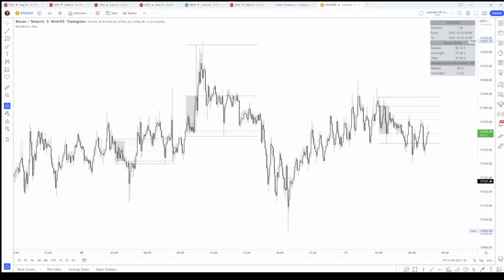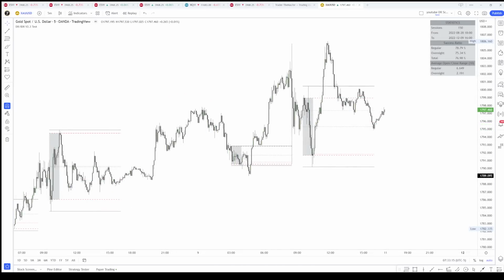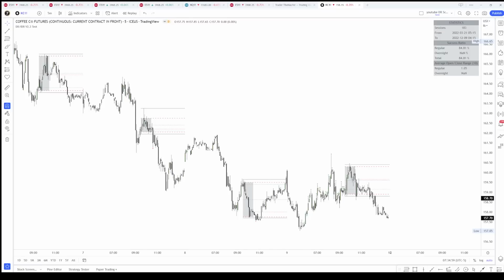It works for cryptos like Bitcoin and Ethereum, with a slightly lower probability than the other assets. Gold, crude oil, coffee, and any other commodity. Not to mention it also works for stocks. The probability slightly varies between the different assets and the different DR sessions, but it is above 80% on average without considering high impact news.